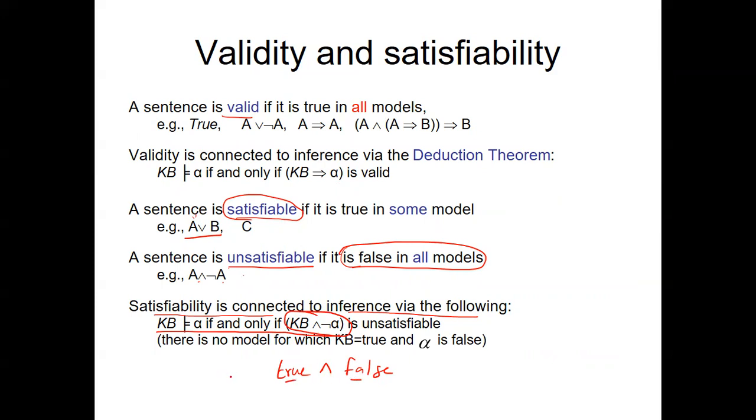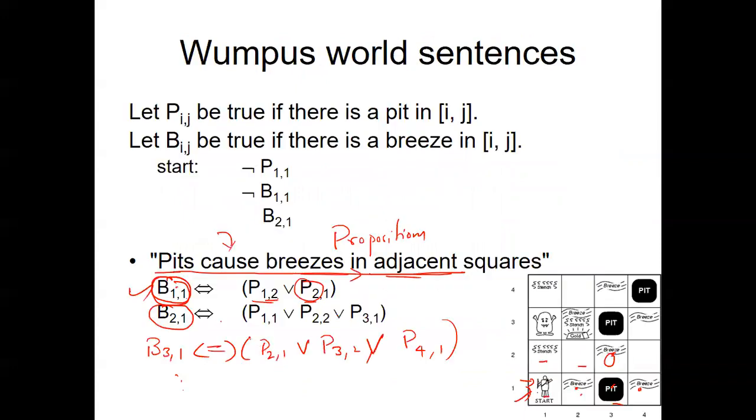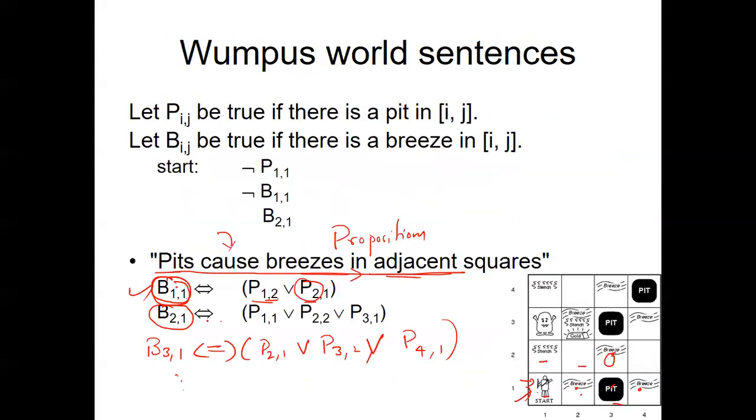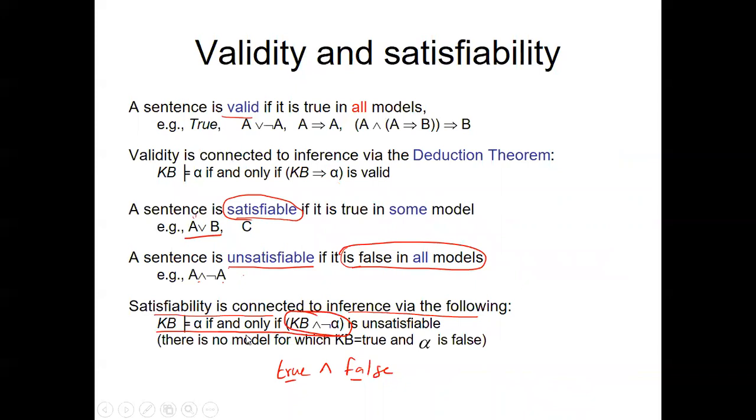This is the third case, which is actually not possible. When we say that P implies Q, if P is true, then Q should be true. P true and Q false is not possible. That case is false.